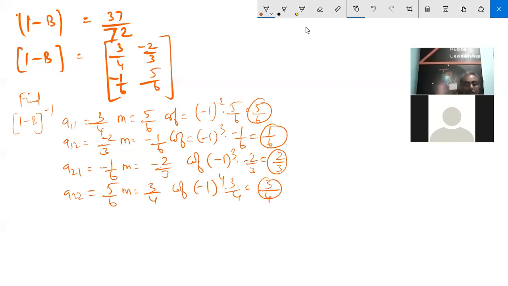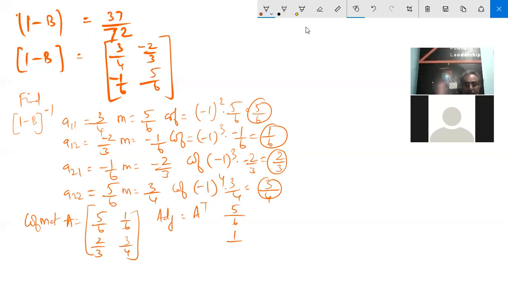Okay. So cofactor matrix equal to 5/6, 1/6, 2/3, 3/4. Now adjoint matrix will be transpose of this. Transpose of this. That will be 5/6, 2/3, 1/6, 3/4. Now you have to do determinant.